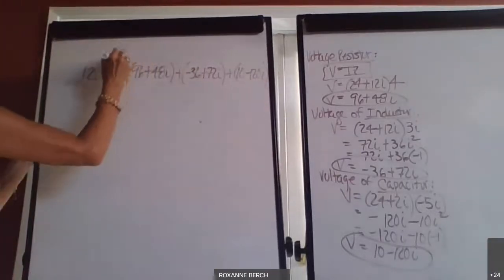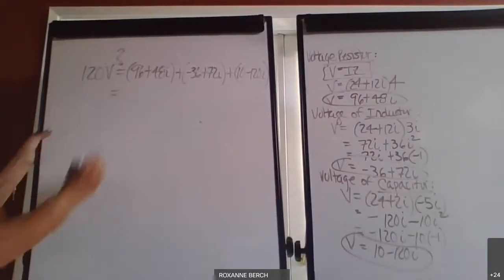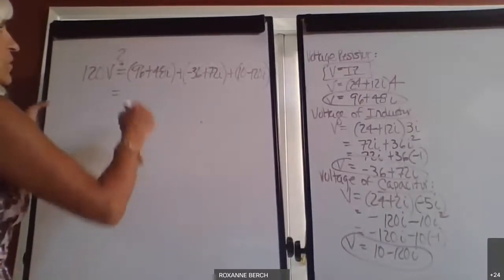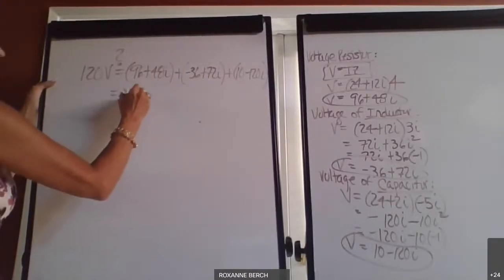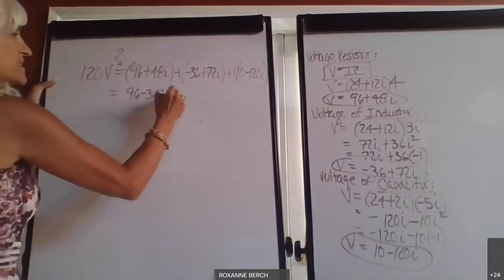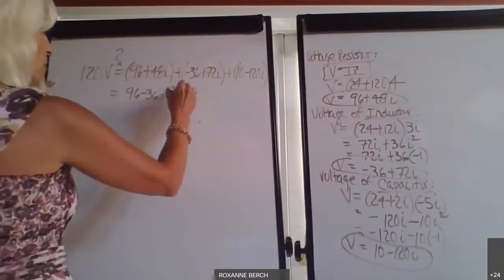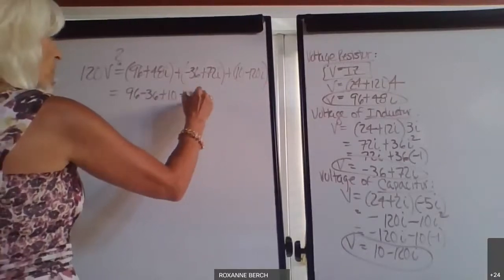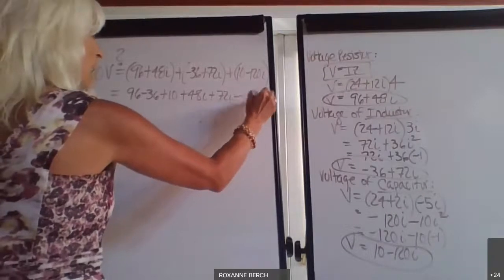So can't we check it? We could even line them up if you want: 96 minus 36 plus 10, the real parts. The imaginary parts would be plus 48i plus 72i minus 120i.